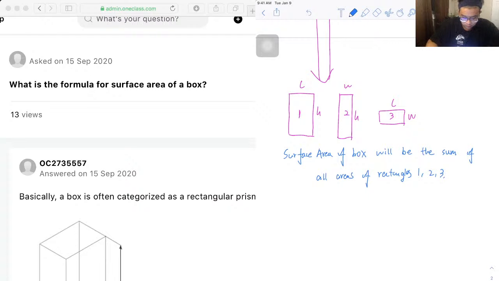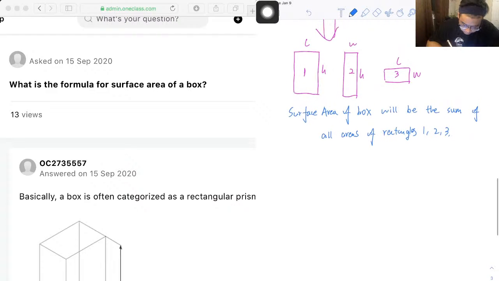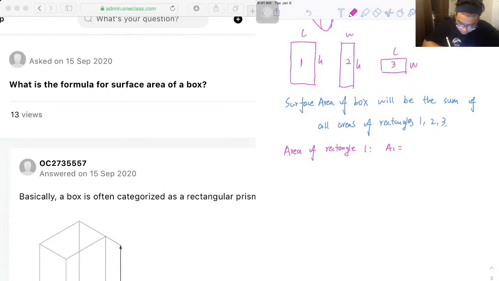So let's calculate the area for each rectangle. So the area of rectangle 1, A1, should be just length times height. And the area of rectangle 2, A2, is equal to W times H. And the area of rectangle 3, A3, is equal to length times W.